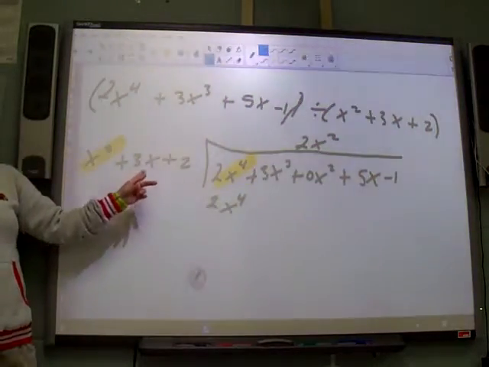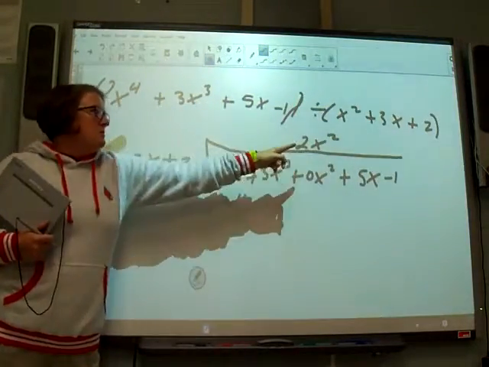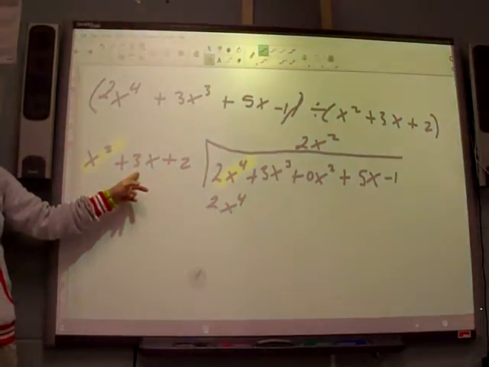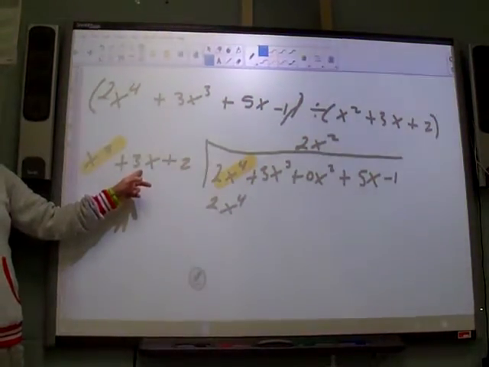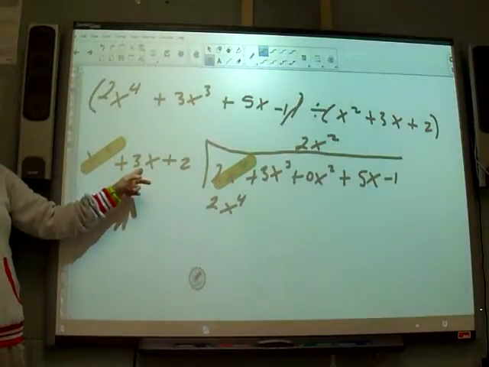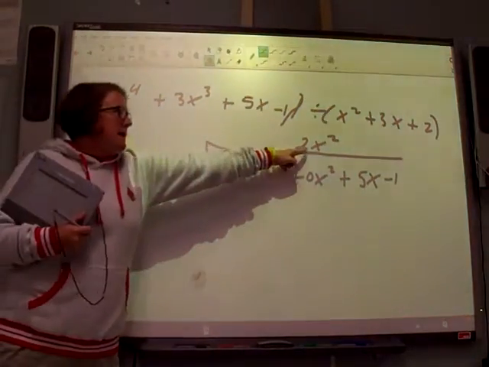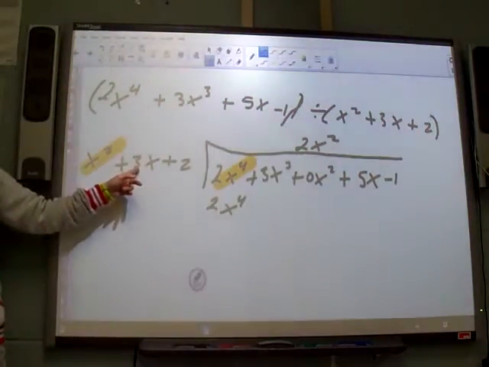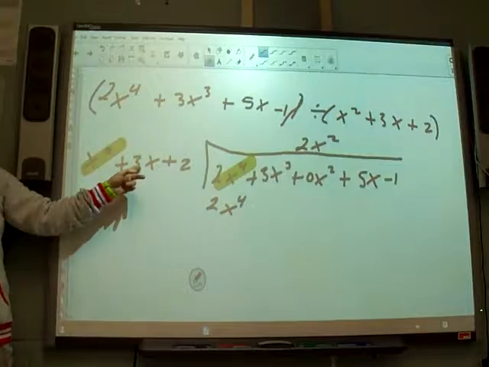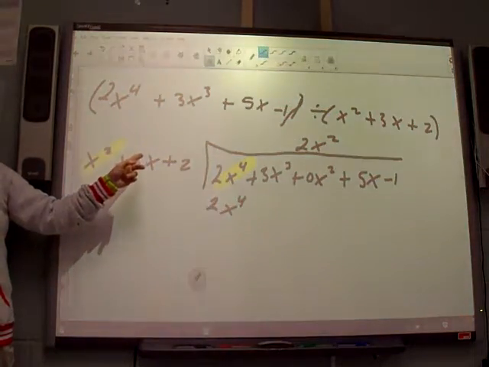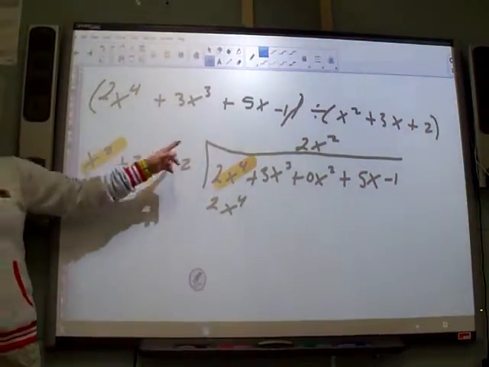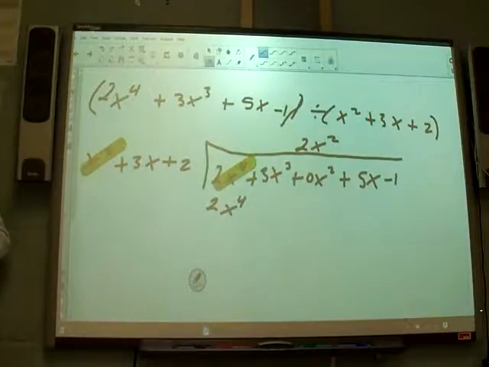Now we go to the next one. What's 2x squared times 3x? Close. 2x squared times 3x. 6x to the 3rd. Because you got a 1 and a 2. So 6x to the 3rd.